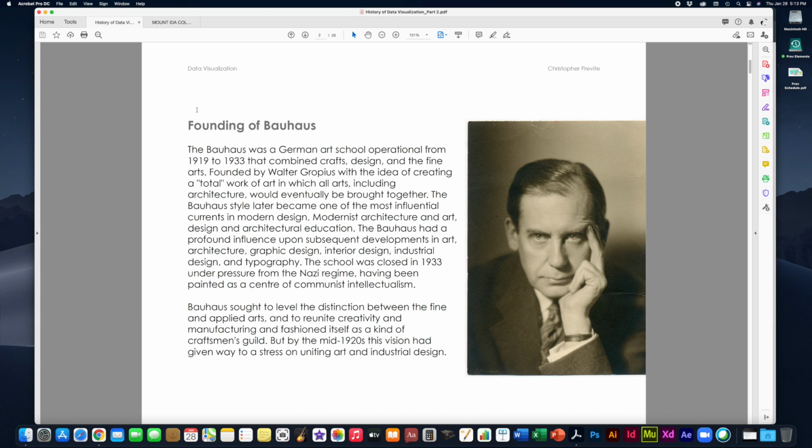Prior to the founding of the Bauhaus, most artists and artisans, if they wanted to get into a particular area of trade, if you wanted to become a furniture designer or an architect or a painter or a sculptor, you would find a master in that area, somebody who was very well experienced, had been doing it for a long time, and you would ask to apprentice with them.